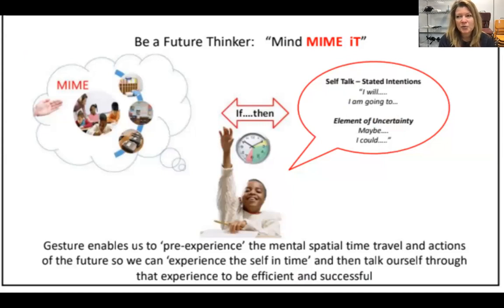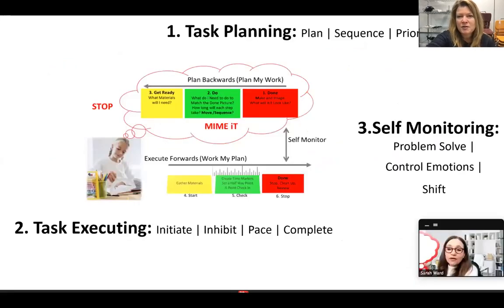They just kind of react to what's going on in the environment. So helping them build in that self-talk, the if then, or first I do this, then I do this, that rehearsal of what they're going to do to be successful. Planning out those tasks, helping them work through those stages of visualizing what done looks like, what steps do I need to get there, and what materials do I need, and helping them talk through it in both directions.